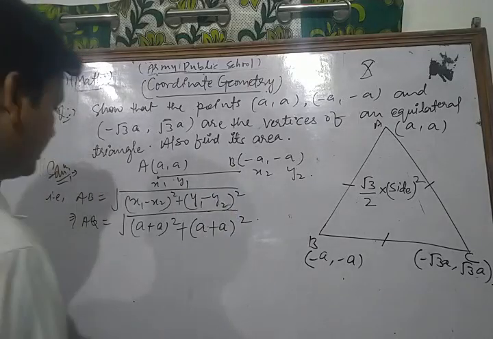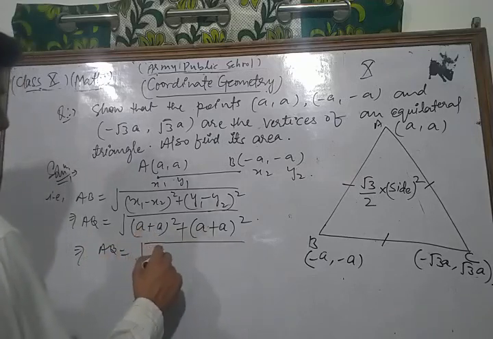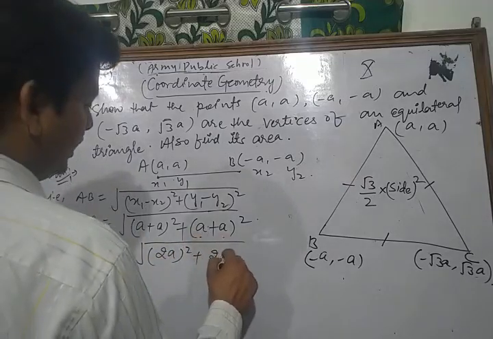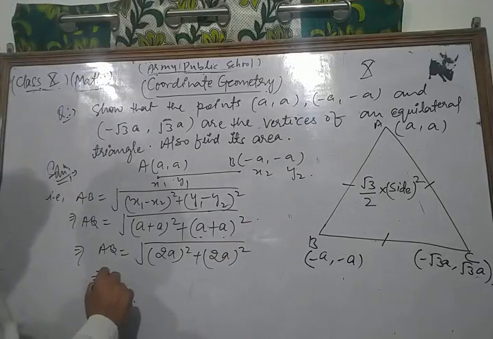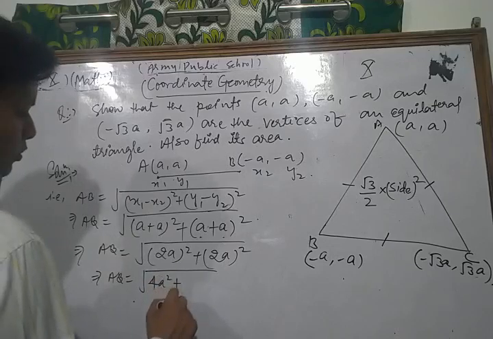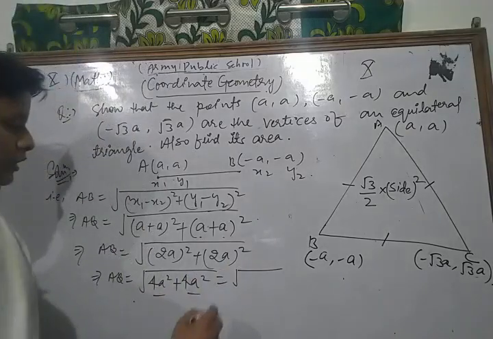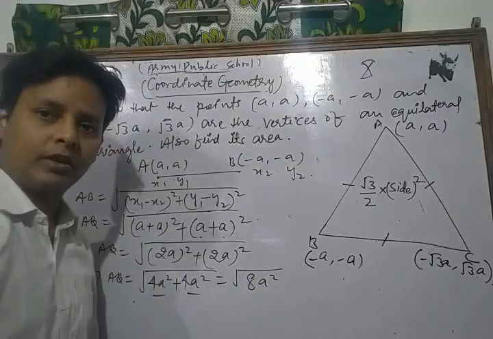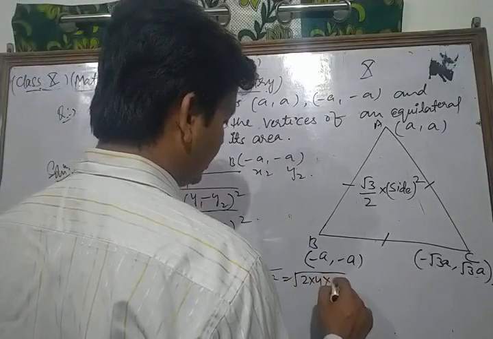Okay, dear friends, now let's see. Here AB is equal to the square root of (2a) whole square plus (2a) whole square. Now we simplify them. So AB is equal to the square root of 4a square plus 4a square, which is 8a square. We can write 8 as 2 into 4 and keep a square as it is.